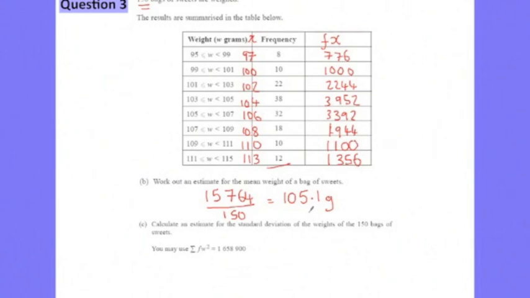In the next part, we're asked to calculate an estimate for the standard deviation of the weights of the 150 bags of sweets. To help us, the sum of fw squared is equal to the value here. So to be able to find the standard deviation, we just need to simply put this into our formula.